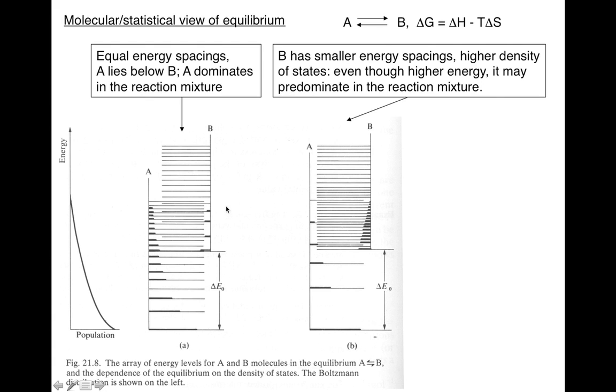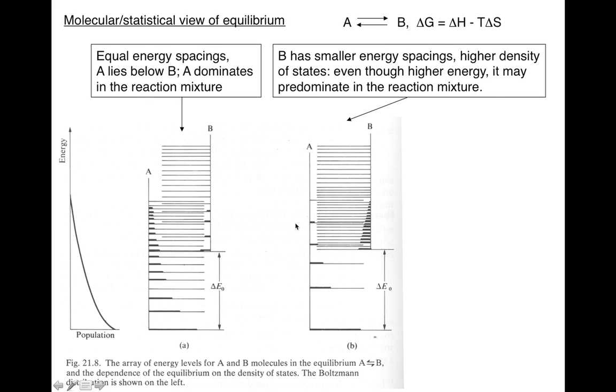Some of B will be populated, but mostly A. Now, this would be an example of an enthalpy or internal energy, the way it's drawn here, an enthalpy-driven reaction.